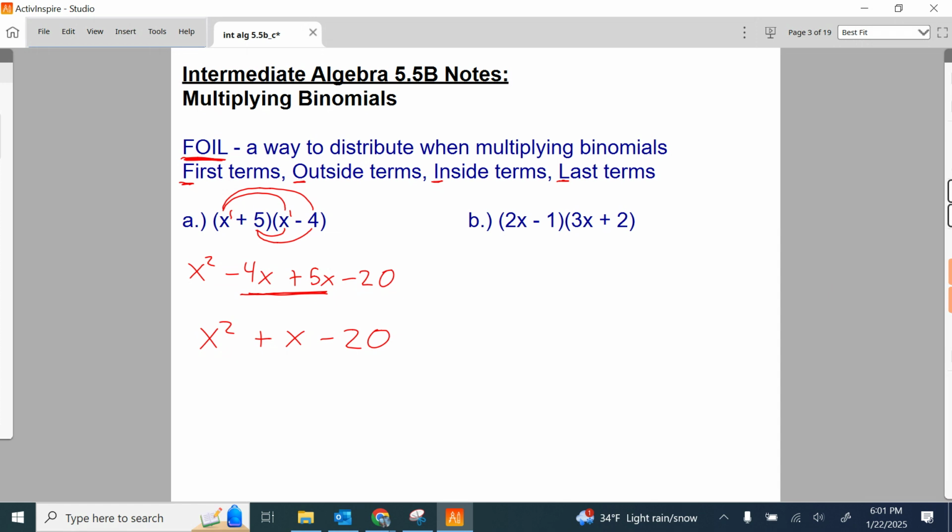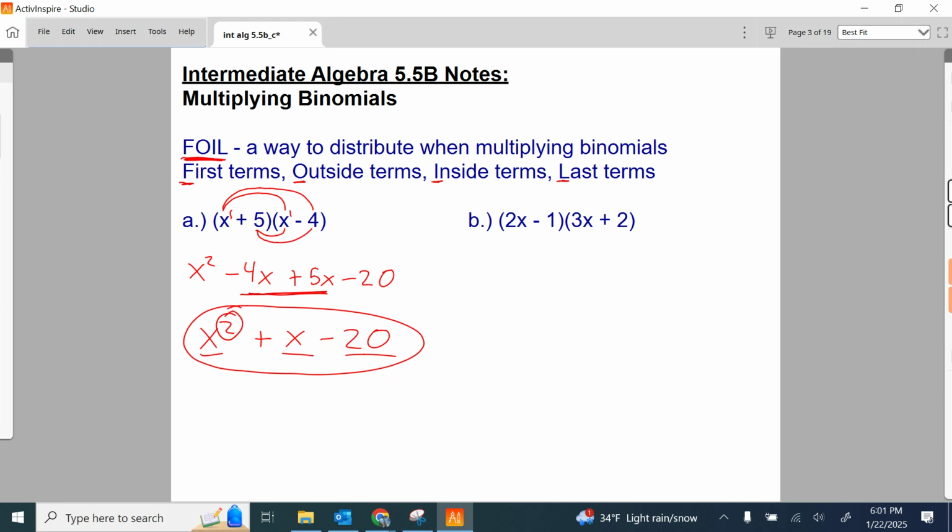It also creates a unique type of polynomial, which, again, we're going to be working with a lot in this semester. So this particular polynomial has a certain name. It's a trinomial because it's made up of 3 parts. And this power of 2 is going to also give it the name of a quadratic.